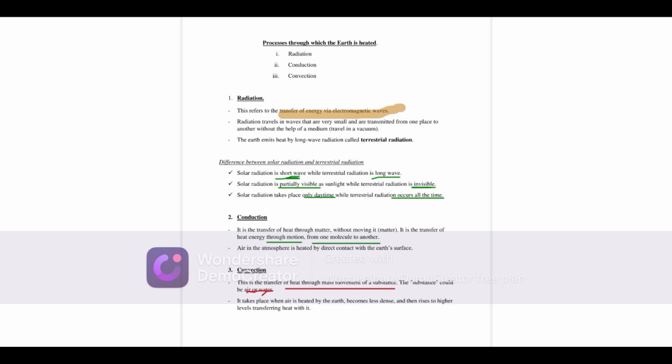It takes place when air is heated by the earth, becomes less dense, and rises to higher levels, transferring heat with it. And actually this is what happens during the formation of convectional rainfall. So I think those three processes are very key to heat transfer on the earth.